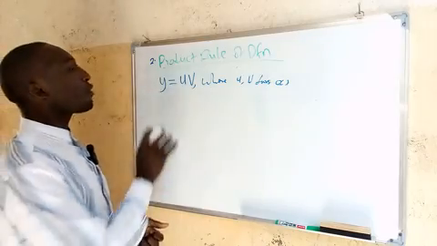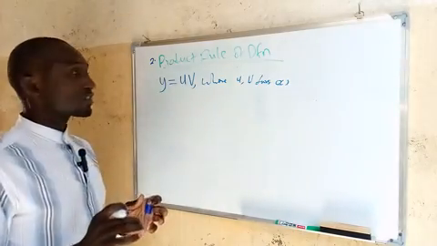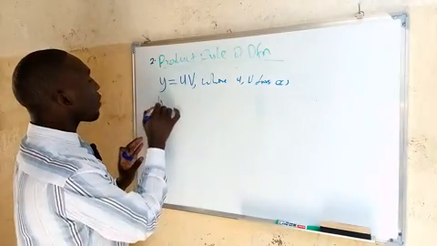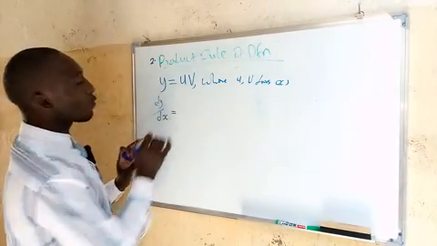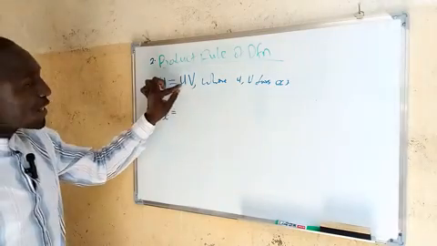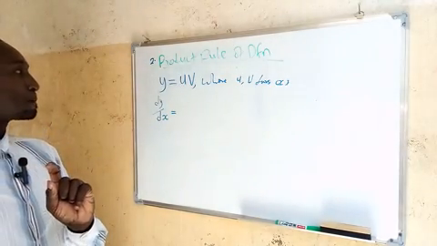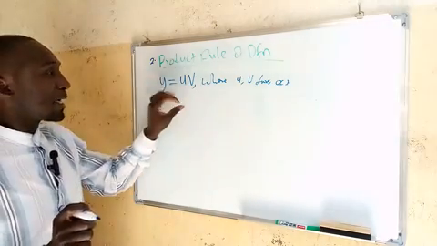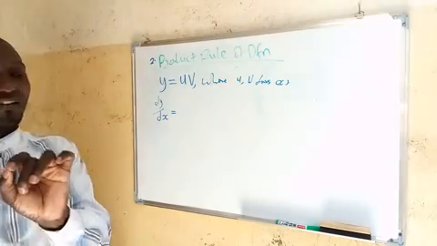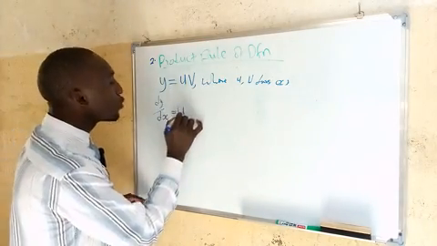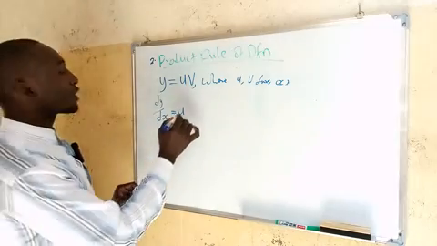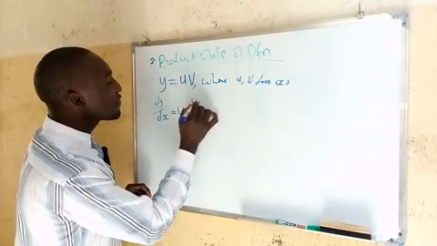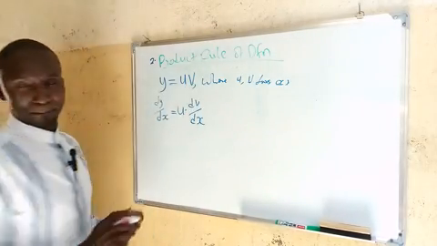So, by the product rule of differentiation, we have dy/dx equals, we take the first function, hold it constant, then multiply by the derivative of the second function. So we have u held as constant multiplied by dv/dx.